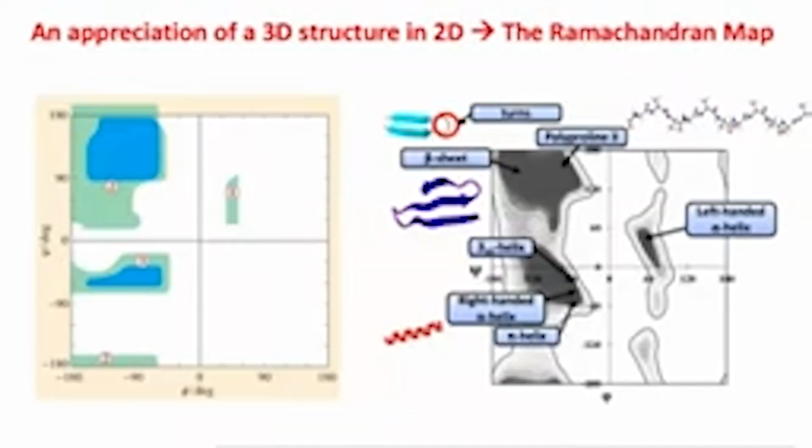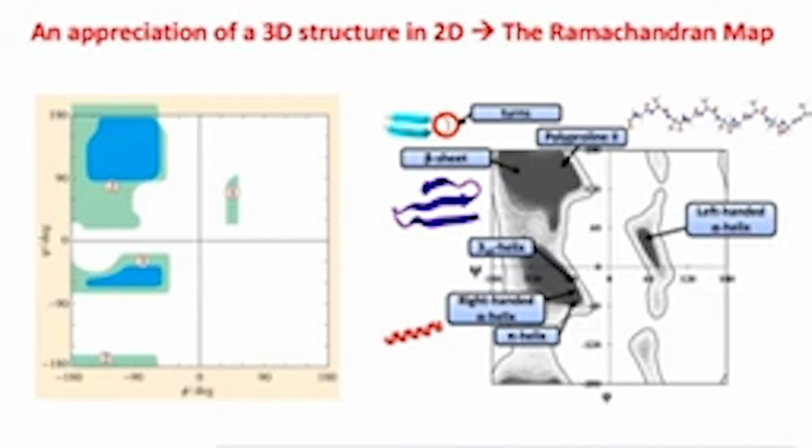I also told you a fair amount about the Ramachandran map, and you now have an idea of torsional rotation about phi and psi. You also know that if you plot a three-dimensional protein structure in 2 dimensions, the space, which is represented by this quadrant in a graph paper, quadrants 1, 2, 3, and 4, you realize that almost 60 to 70% of space cannot be occupied based on phi psi angles, simply because there are clashes.